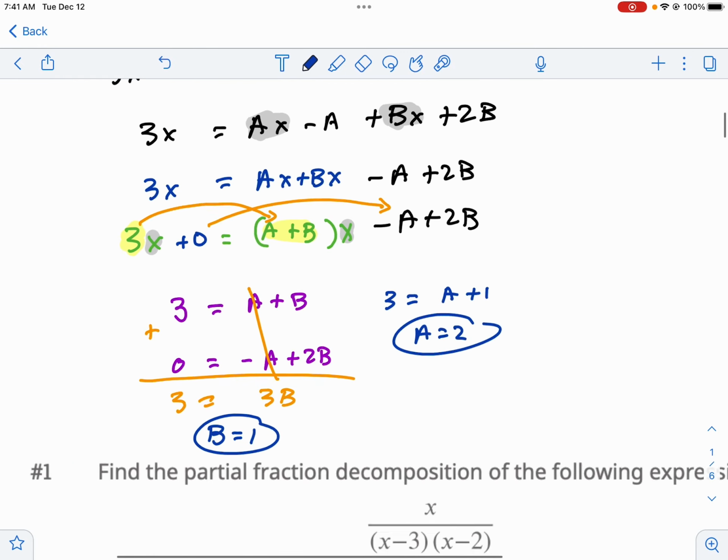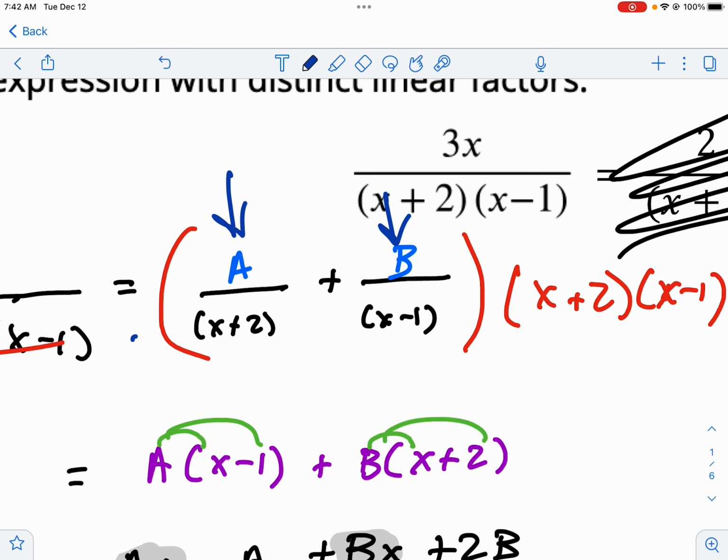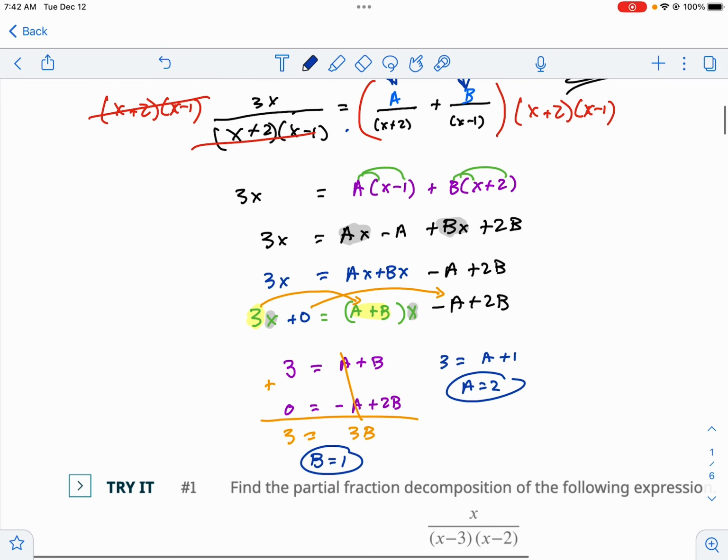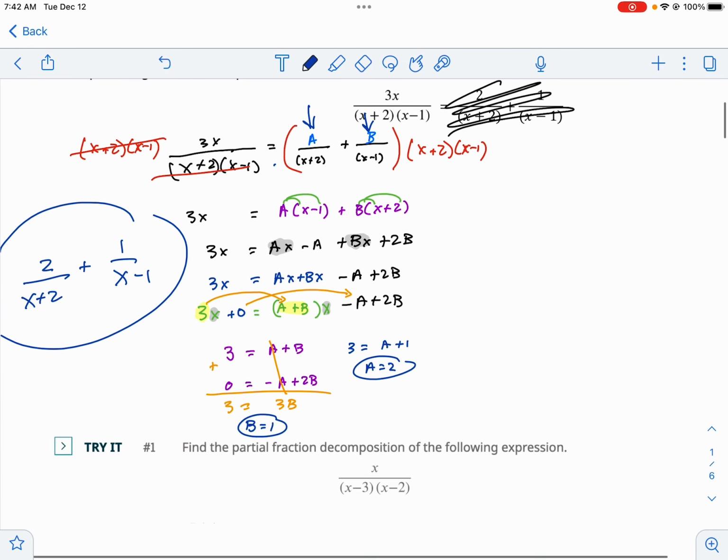So to finish off this problem, you have to replace the a and the b there. So your answer is 2 over x plus 2 plus 1 over x minus 1. Okay, so that's a partial fraction decomposition.